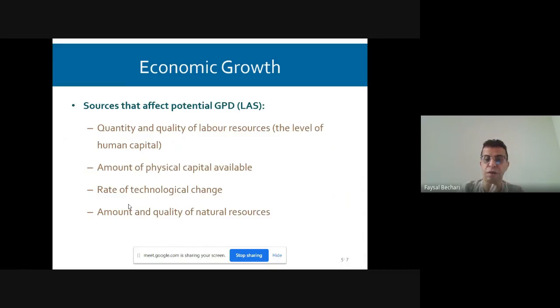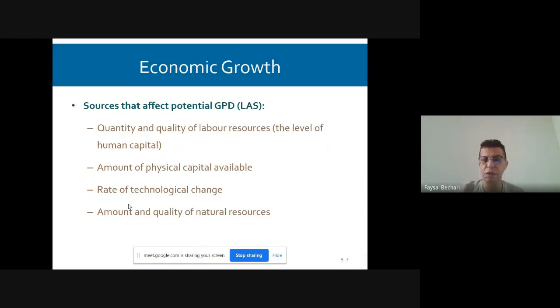The sources that affect it are the quantity and the quality of labor resources. Quantity is the number of people who are working, and quality is how well educated they are, the level of human capital. Then there is the amount of physical capital goods available, like land for growing crops.